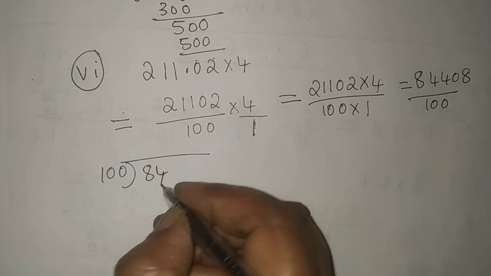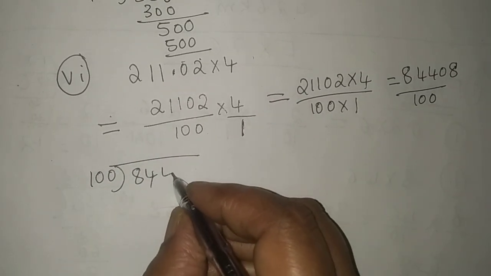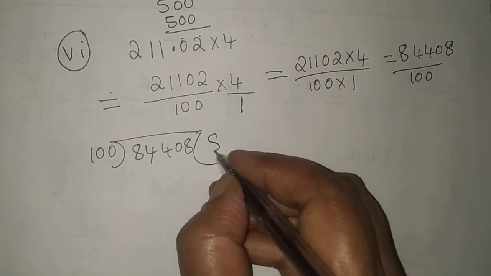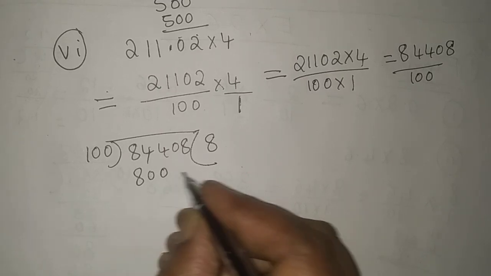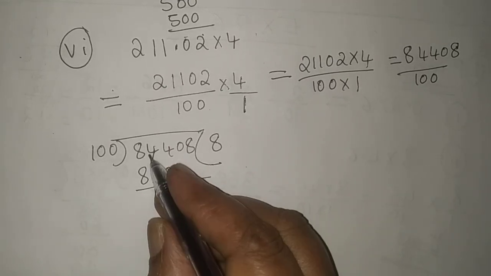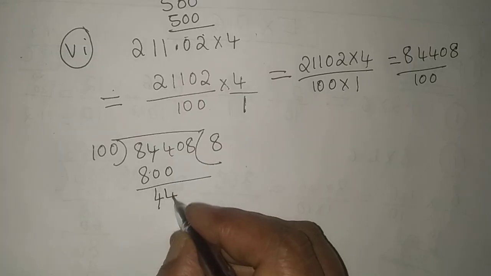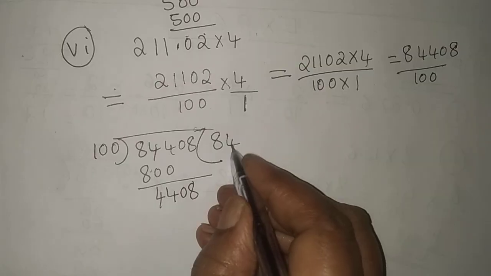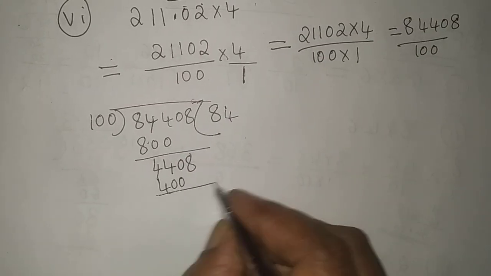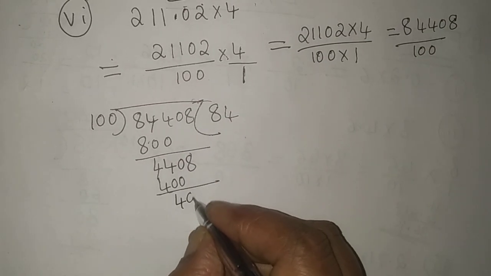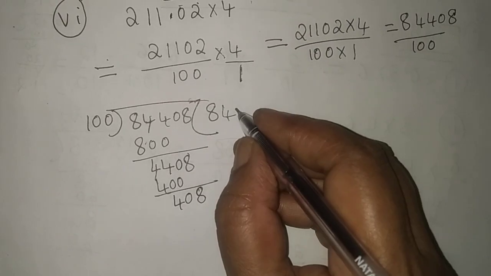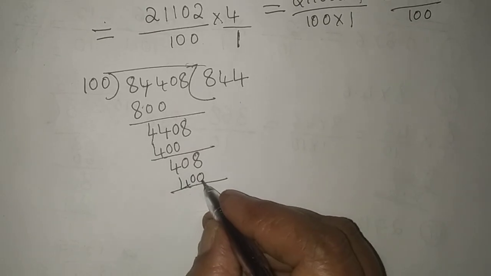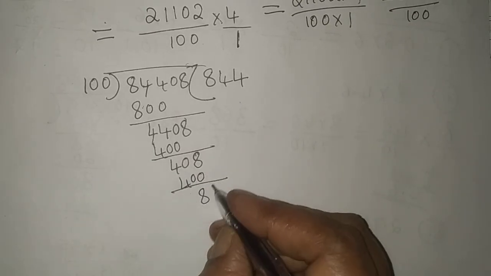100 divides this one, 84408. So 844 minus 800 is 44. Bring down the 0 and 8. Then 100 4s are 400. Again 440 minus 400 is 40. Again bring 8. 4s are 400. The remaining is 8, 408 minus 400 is 8.